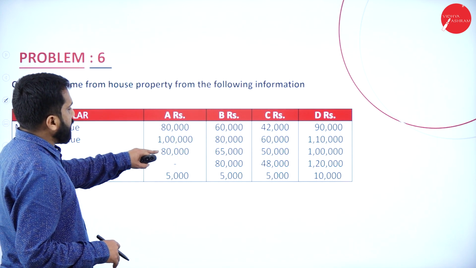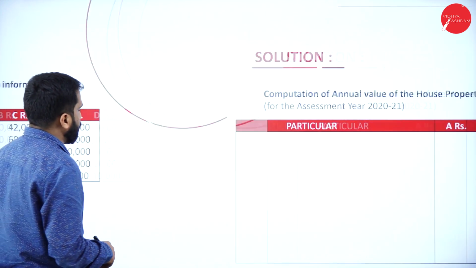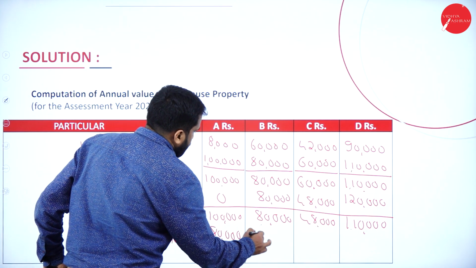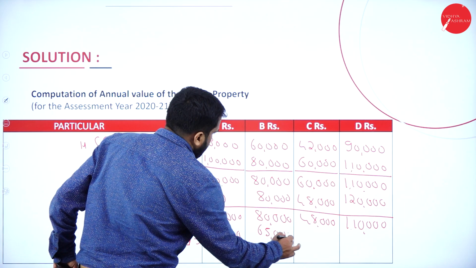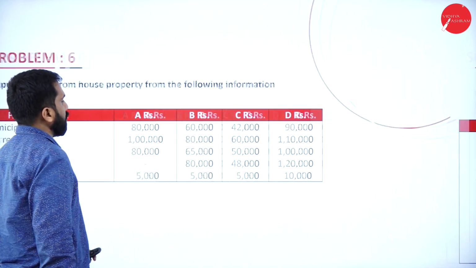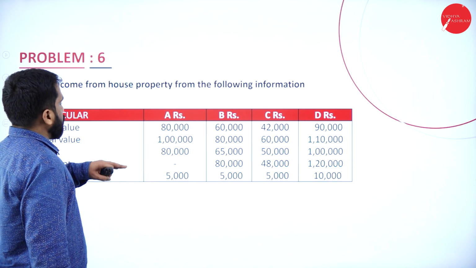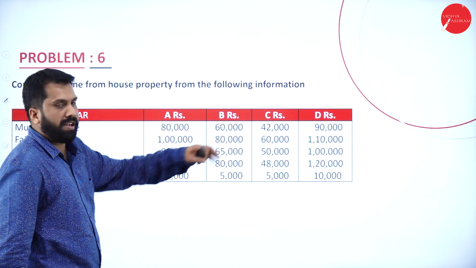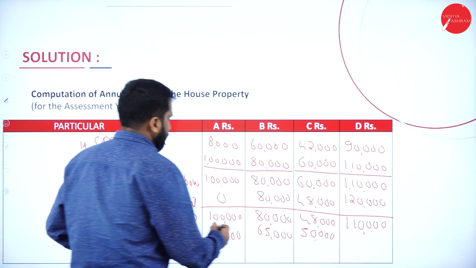So, first one, 80,000, 65,000, 50,000, and the last one 1 lakh.